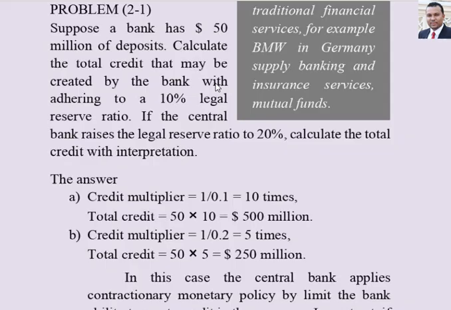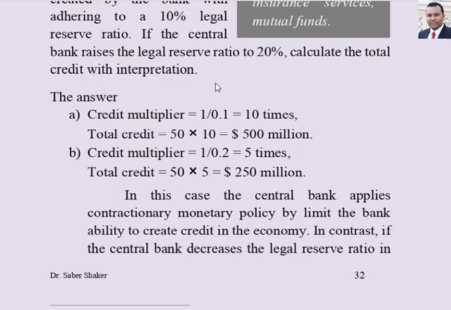Suppose a bank has 50 million of deposits. This is the original deposit, or deposit number 1. Calculate the total credit that may be created by the bank with the 10% legal reserve ratio or required reserve. If the central bank increased the legal reserve ratio to 20%, what about the total credit?